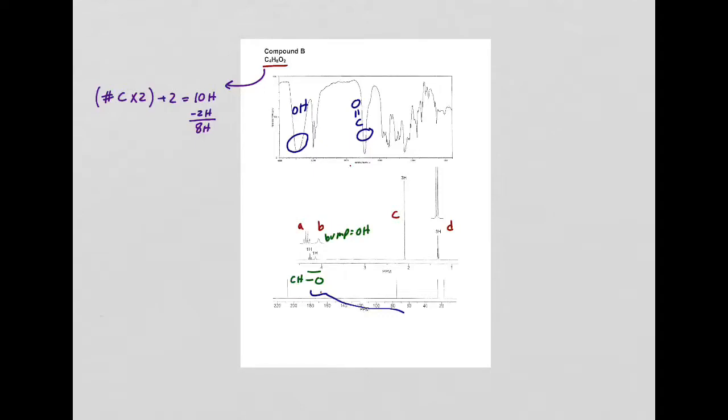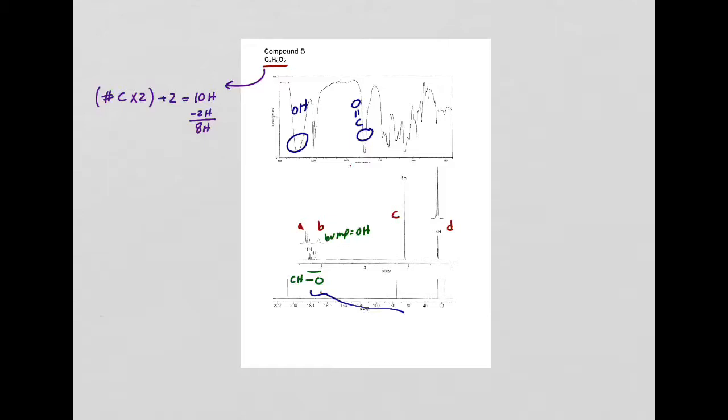So I have my H on an OH already accounted for. That's pretty good. And if you remember, we said that could happen anywhere between 1 to 5 ppm. It's a large range. But what you're looking for is a bump. All right. Beautiful. 2 peaks down, 2 peaks to go.